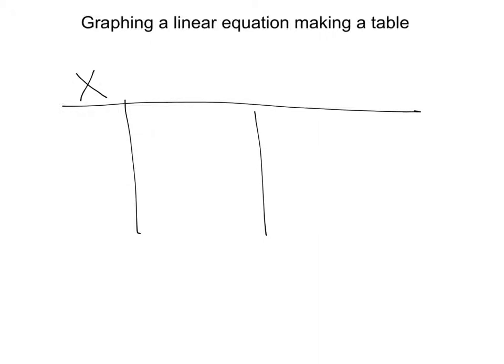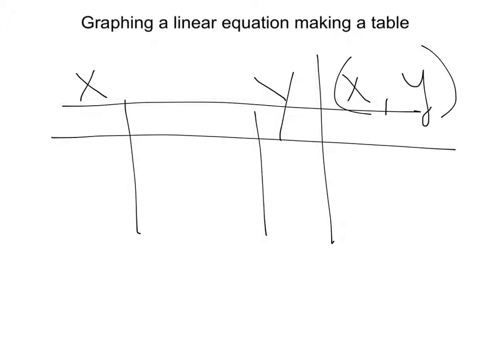You can also graph a linear equation by making a table. When you're making a table, you can really replace your x and your y with any number and solve to get your coordinate points. So if we had a table with my x, my y, and then my (x, y), so my coordinate points, and in between was my equation.